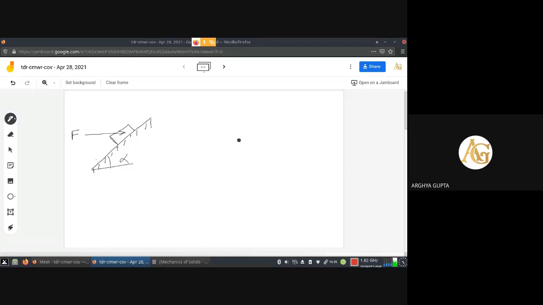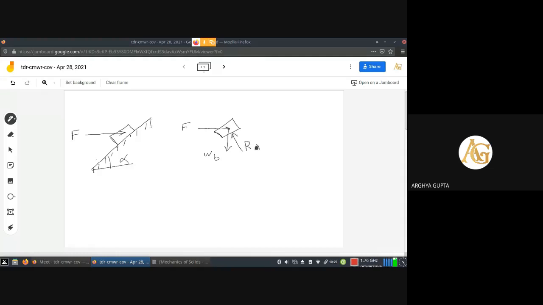plane. Okay. Now, to draw the free body diagram of this body, we need to separate that body from the support. Then we need to draw the F force, because F force is already there, and there will be a weight of the body. Let us say it is WP, the weight of the body, and for the inclined plane, we have a reaction force.